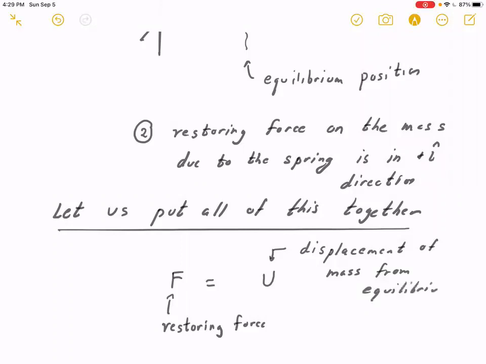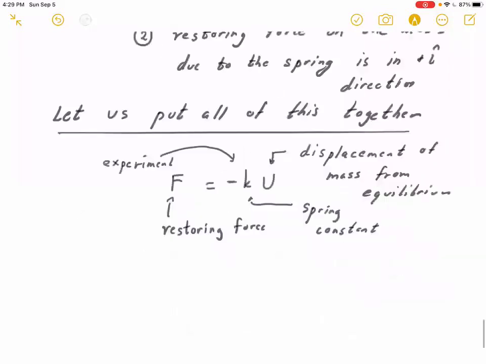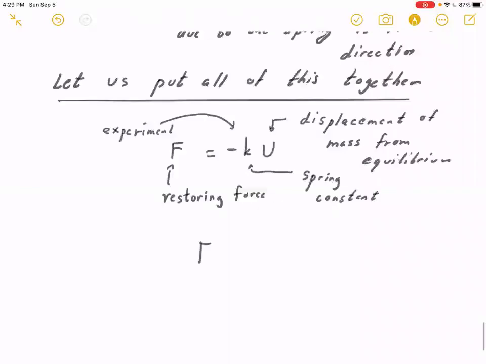The proportionality constant is going to be K. That tells you something about how easy or hard it is to stretch or compress the spring. And that restoring force is always going to fight you, so you need this minus sign. This is what the experiment tells you. This observation was made by Robert Hooke several centuries ago, and this is known as Hooke's law.